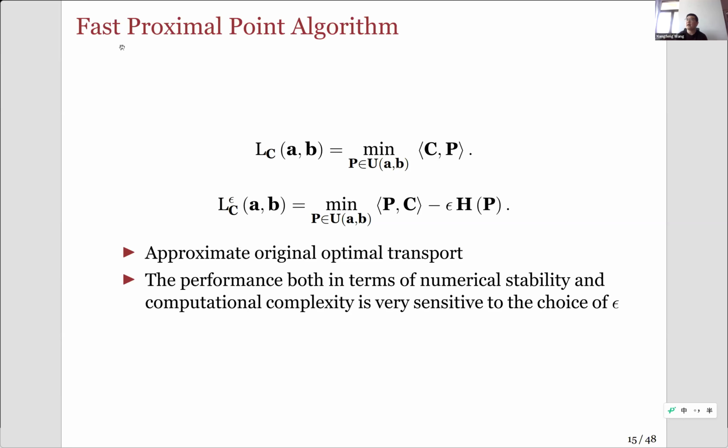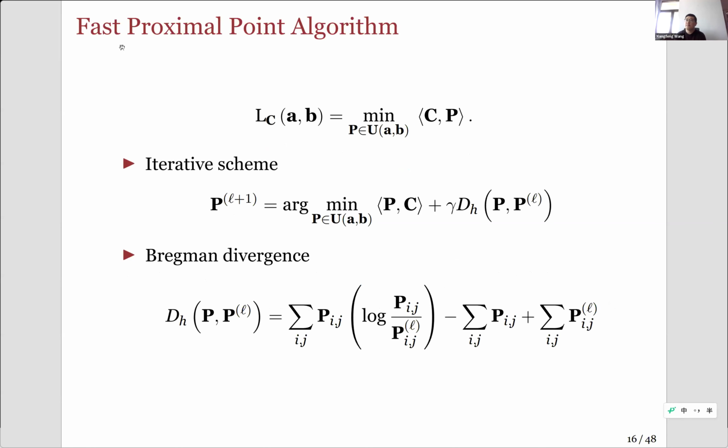What if we want the original unregularized solution, but still want efficiency? And here we introduce the proximal point algorithm, which offers a way.